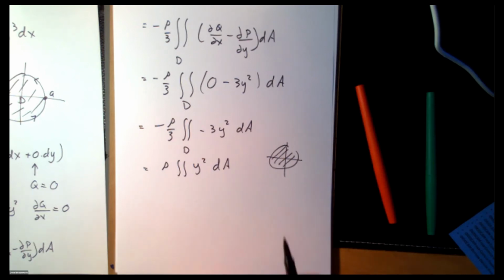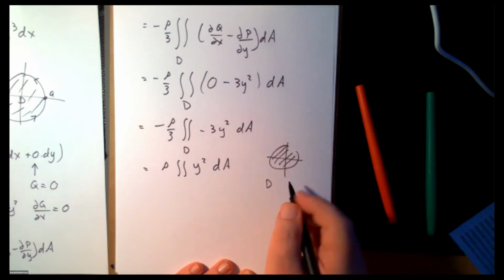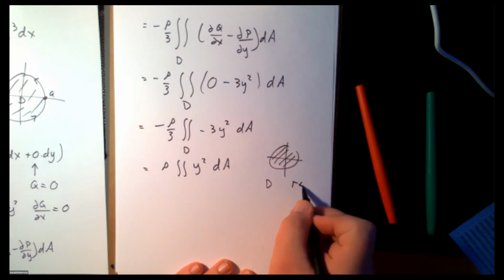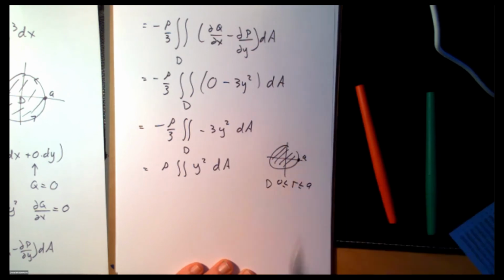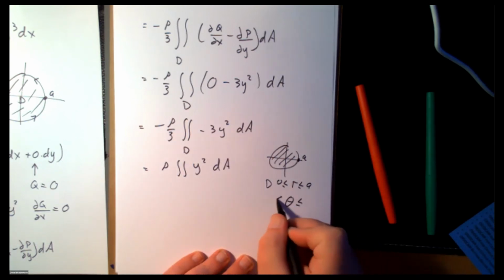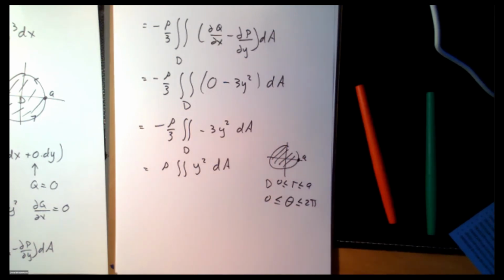Now, if I decide to describe this region D using polar, you're going to have an r value from 0 to a, and because it's a complete disk, theta goes all the way around.